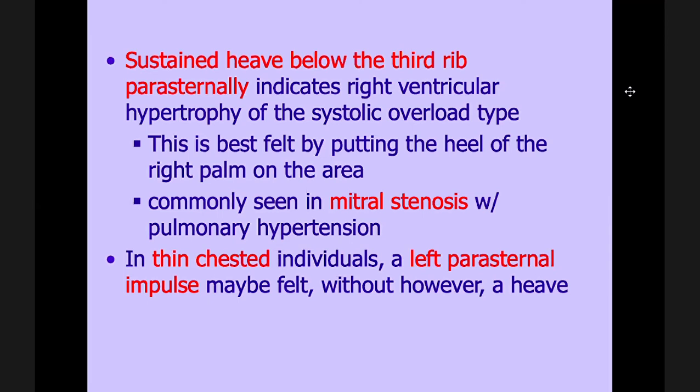Now, in thin-chested individuals, you will appreciate a left parasternal impulse. However, this is not a heave. Ito yung sinasabi ko minsan, the lift is mistaken, especially in thin-chested individuals, as a heave.